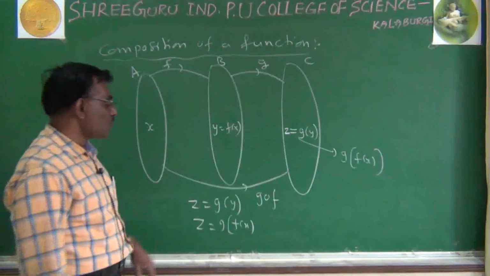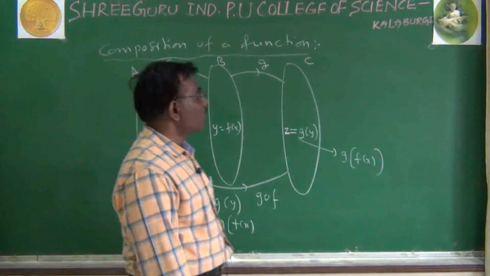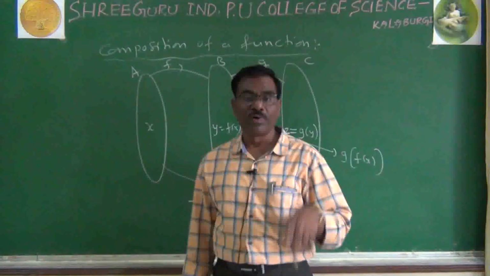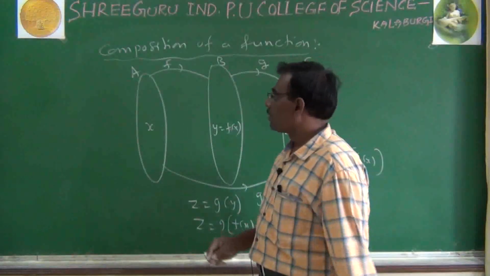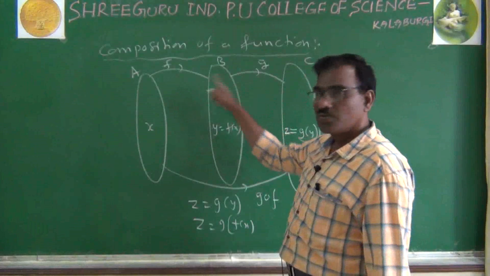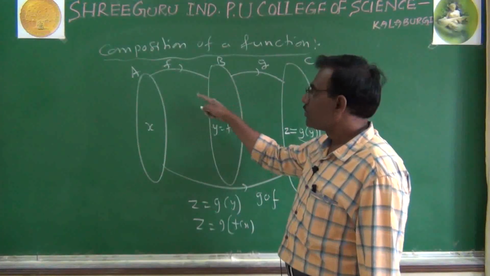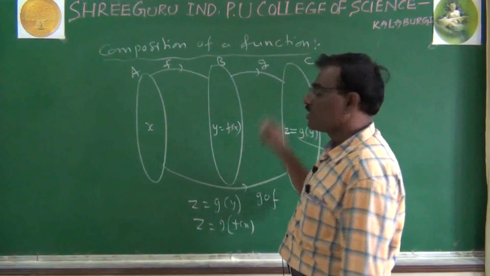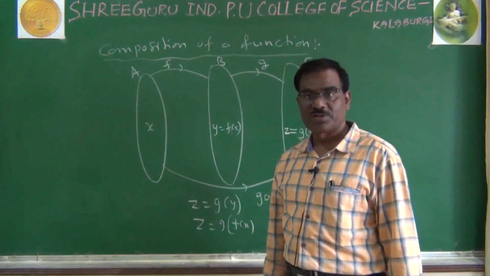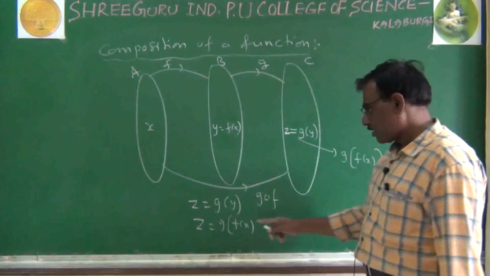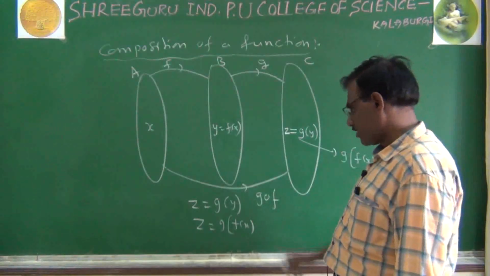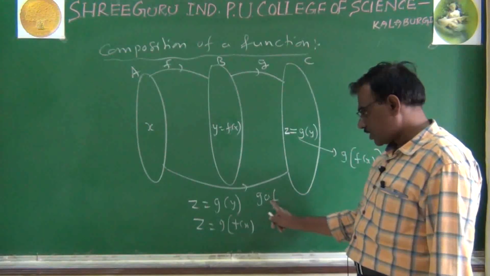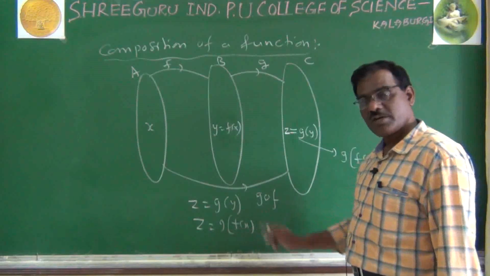So f from A to B and g from B to C, these two functions, then the function g∘f from A to C is called the composition function. And how is it defined? g∘f of x is equal to g of f of x.